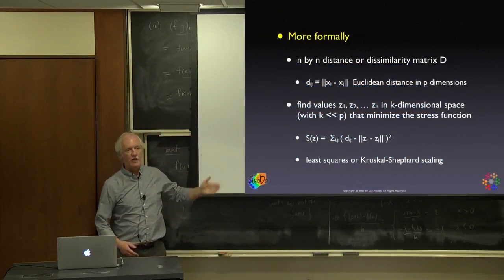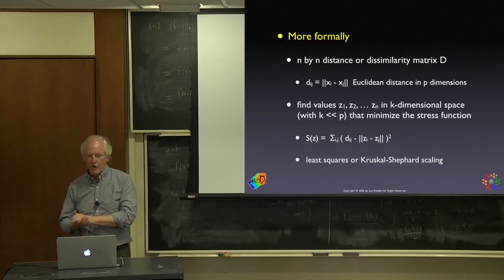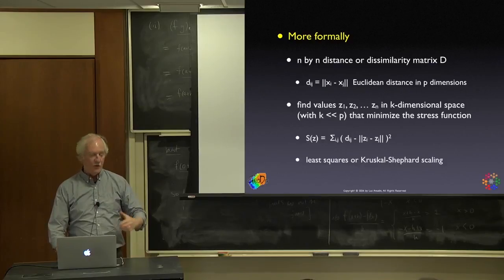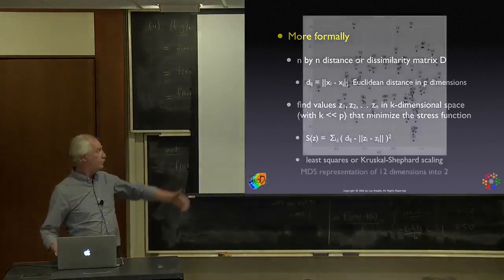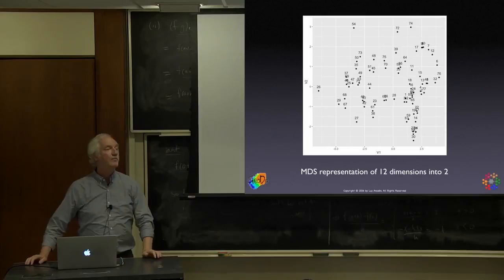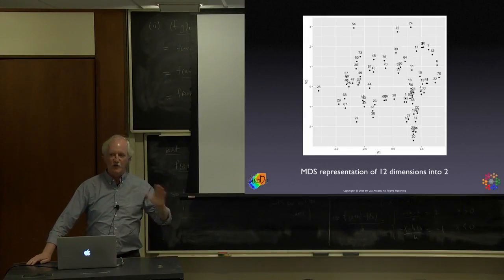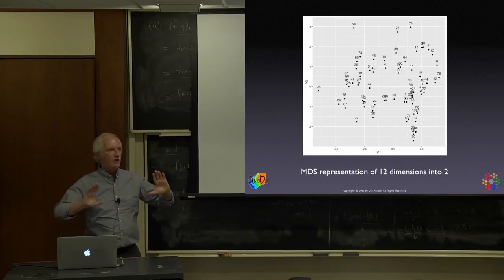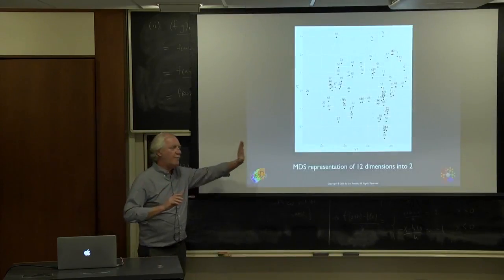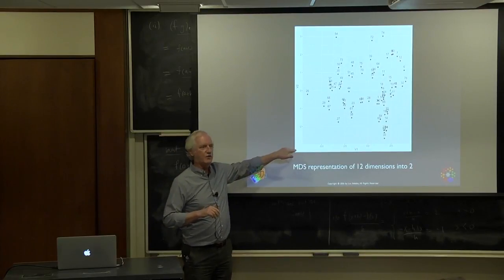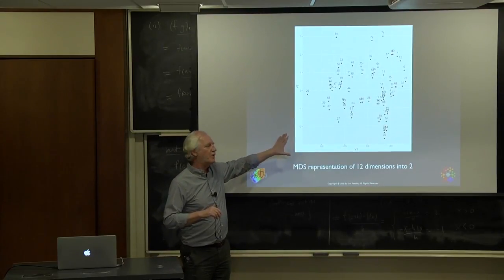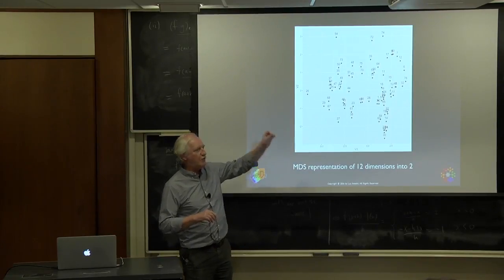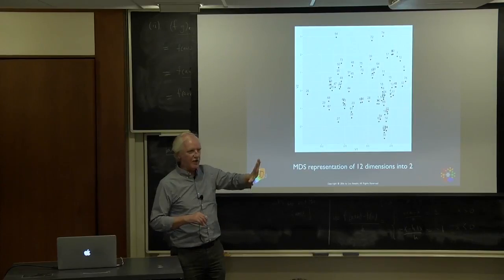There are a number of very classic, very well-known ways to do this. It's basically an optimization problem, right? Then you get the coordinates, and so you put the points in a map, or in a plot, sorry. You can put them in a map too, but it's not the same. It's not the same as principal components because you can't map these. These are coordinates. Principal components are values for the observations, so you can map those values geographically.